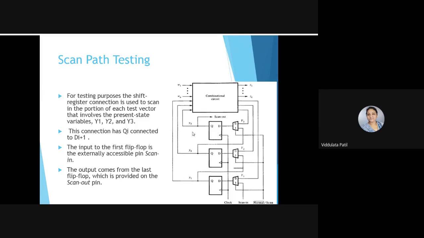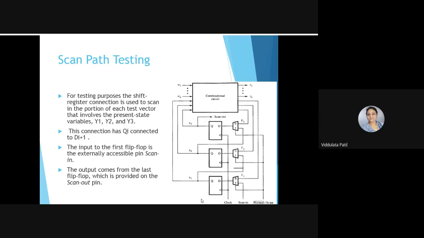What will you get, Harshal? Harshal, are you there in the meeting? Yes. Okay. So if this is working as a shift register, we have given the input 0 1 0 1 1 0 0 1 at this scanning input.